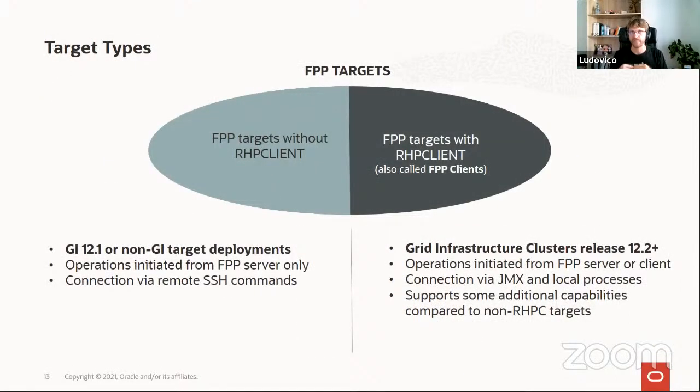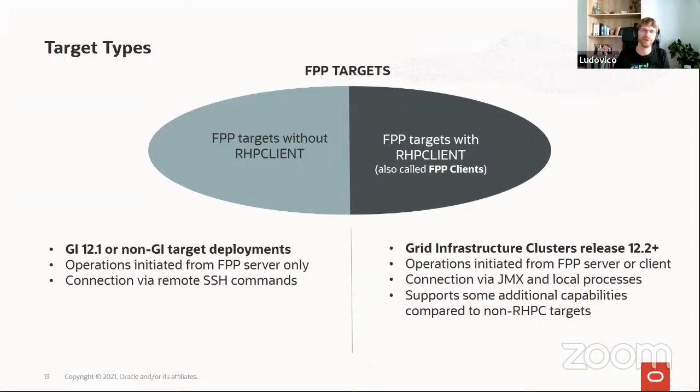Now, there are two types of targets. We have the targets that do not have any client counterpart process, and we have the targets that have a counterpart process on the client that also has some intelligence on the client.